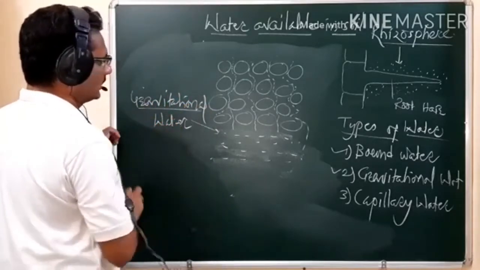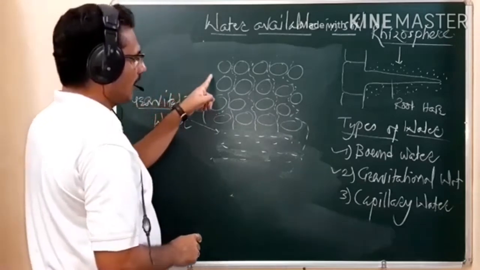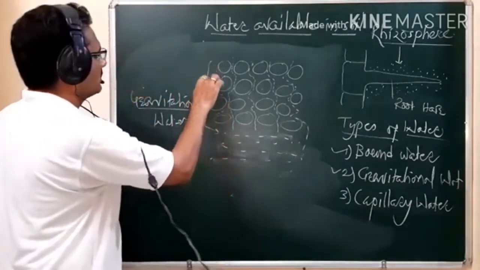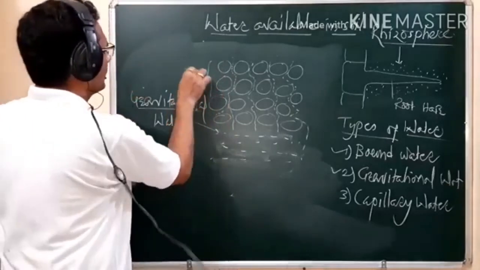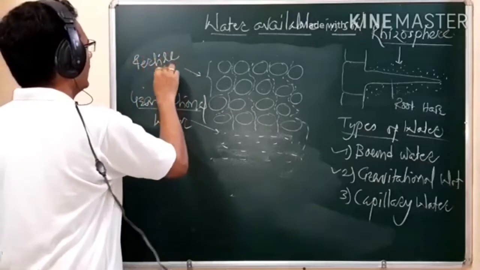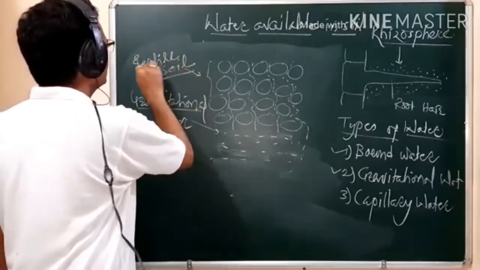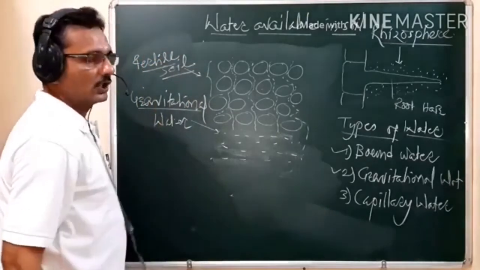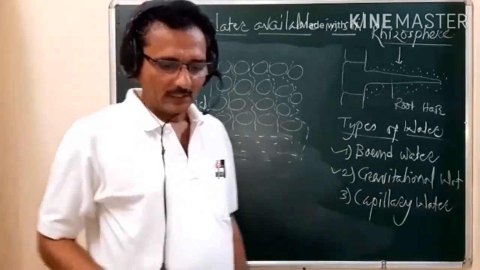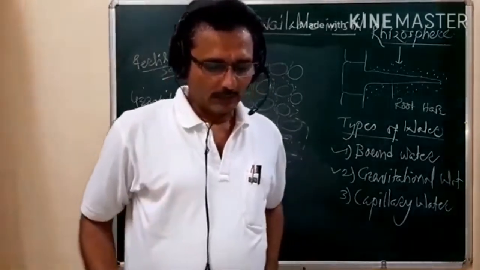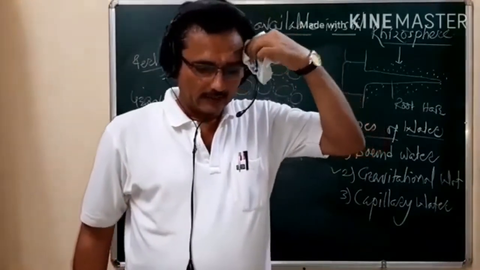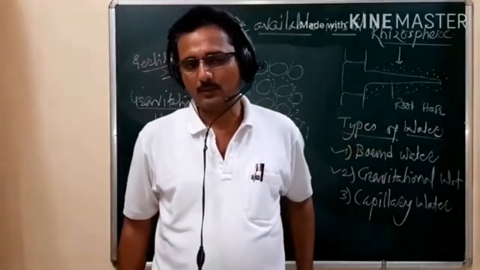And this gravitational water is not available to the plant because the root system of the plant is present in this fertile soil. So this gravitational water percolates down because of gravity, and such water is not available to the plant.